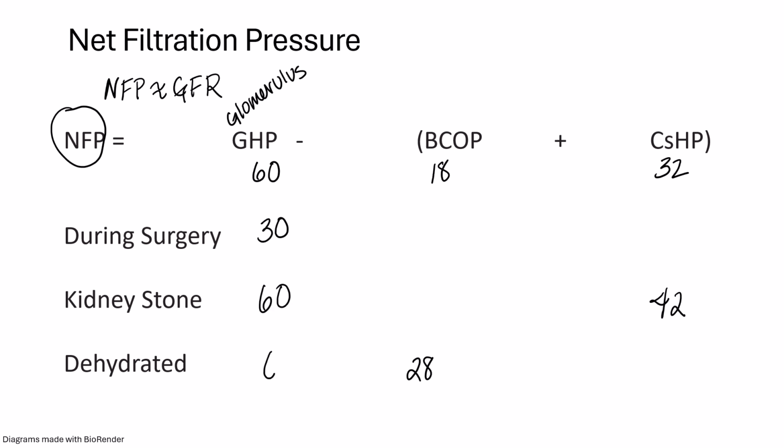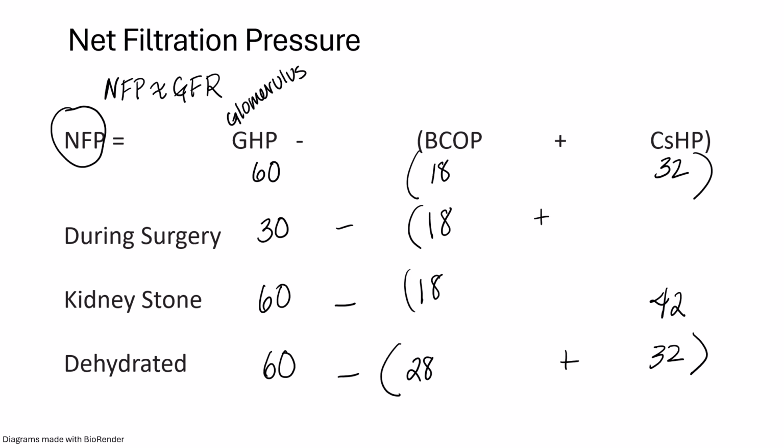I encourage you to do these equations, noting that this is a negative here, and see what numbers you get and prove to yourself whether the net filtration pressure goes up or down.